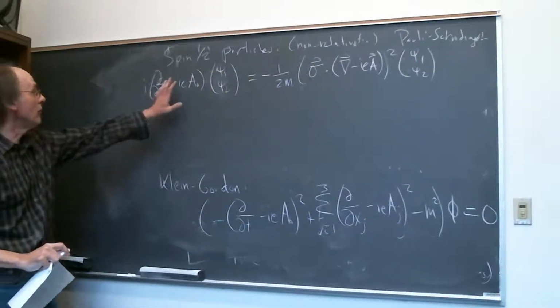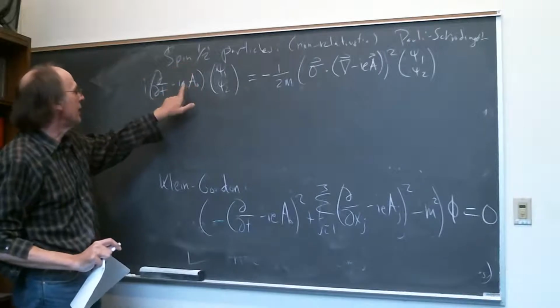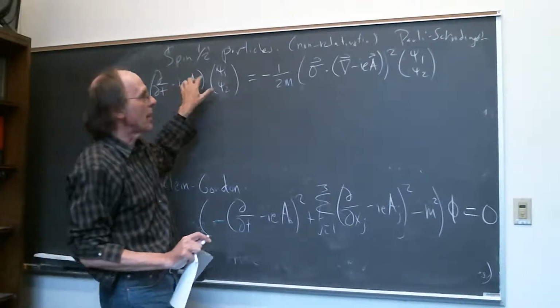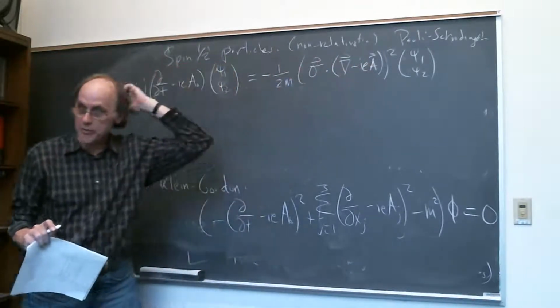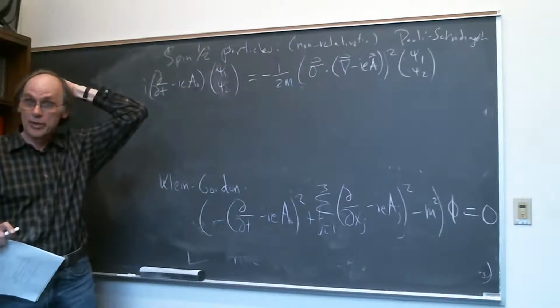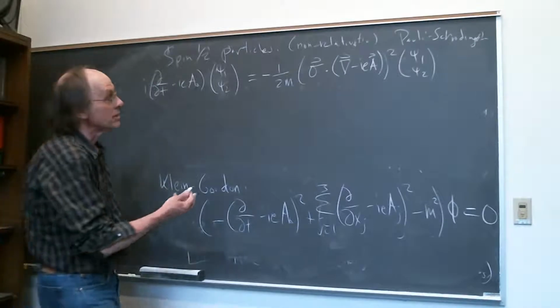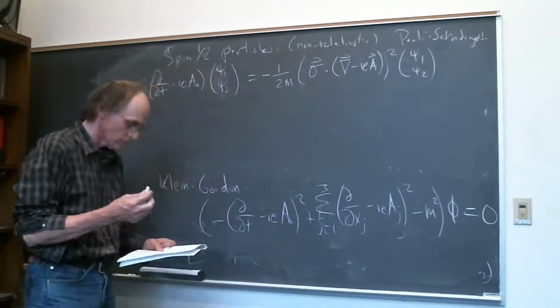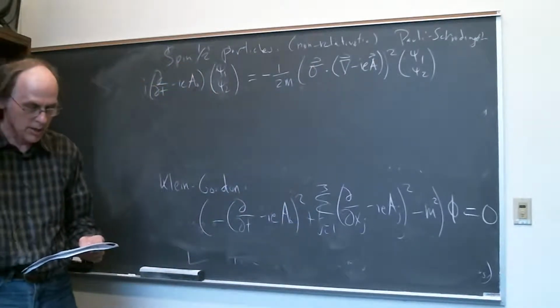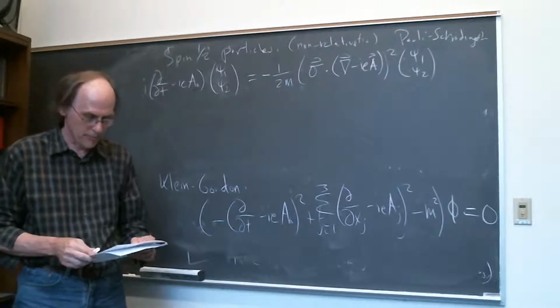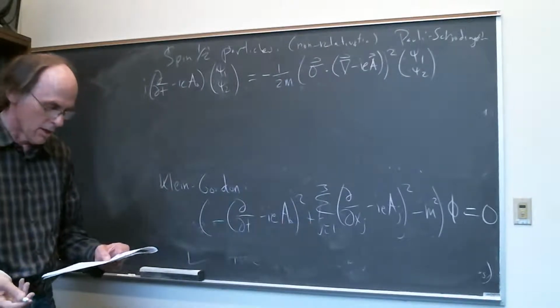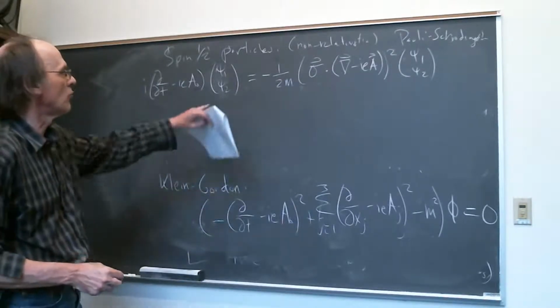So if the big A's are 0, this is just the Pauli-Schrodinger equation, and it's just 2 copies of the standard Schrodinger equation. But in this case, it gets more interesting. Anyway, I won't work out this equation.